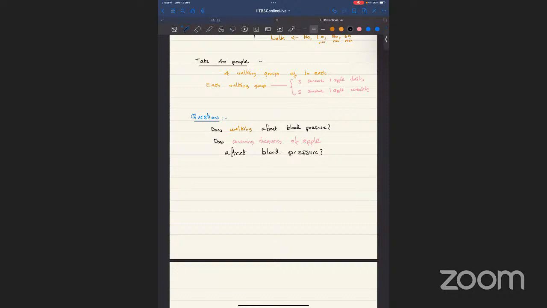So suppose, is consuming frequency of apple related to, or dependent on, or is there a connection, let me call it dependent, or does it interact with walking habits? Okay, so with walking habits.